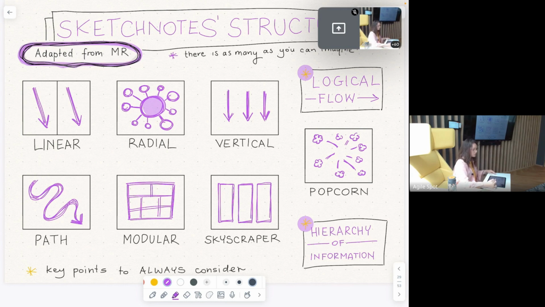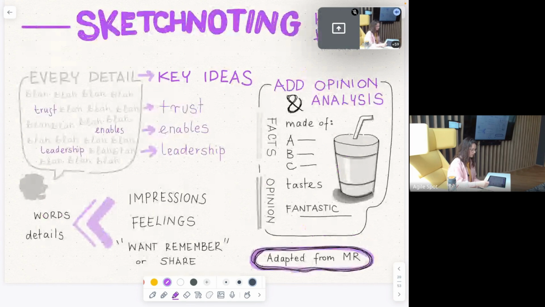Or vertical, where you just go down, or the skyscraper version with columns, because some people very often divide things into 3 key points or 3 elements, and then you just go down. Modules or a path can also be done, and to make it easier for someone to understand, you can also add arrows later on to show how to read the note.